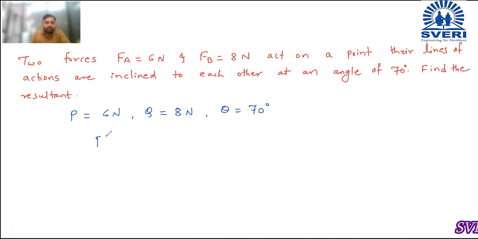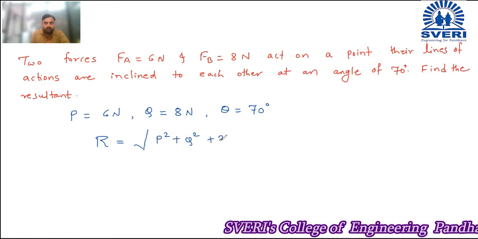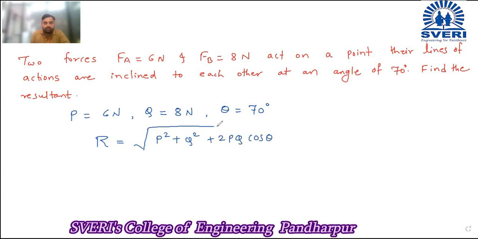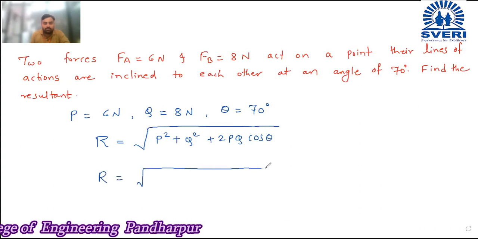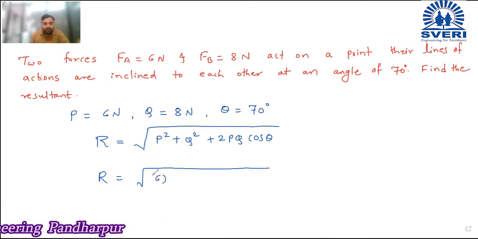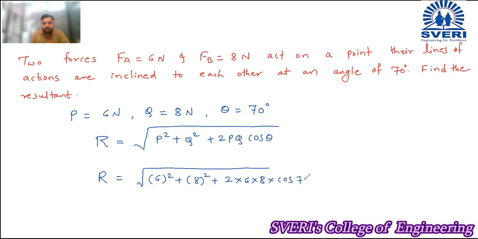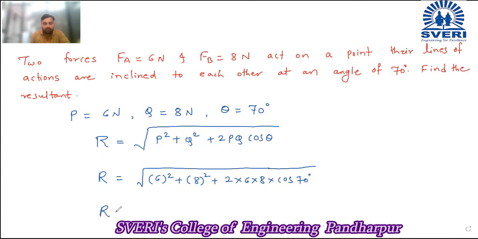To calculate the resultant, use the formula R is equal to under root P square plus Q square plus 2PQ cos theta. Just put the values in this formula. So R is equal to 6 square plus 8 square plus 2 into 6 into 8 into cos of 70. You solve this, you will get the value of R.